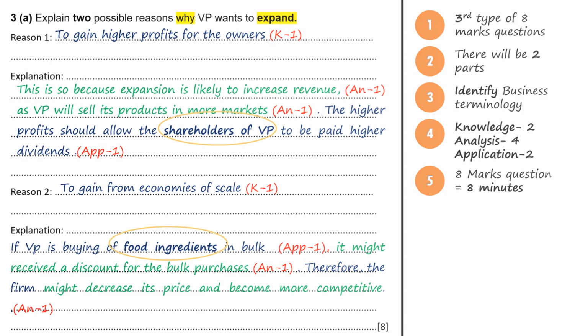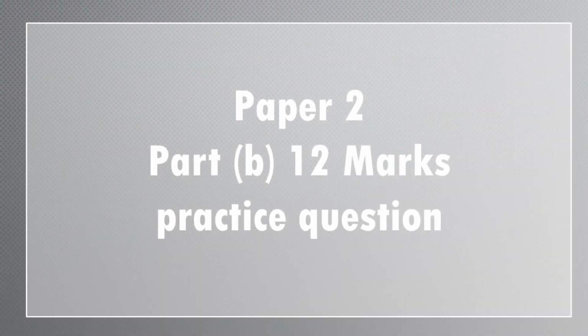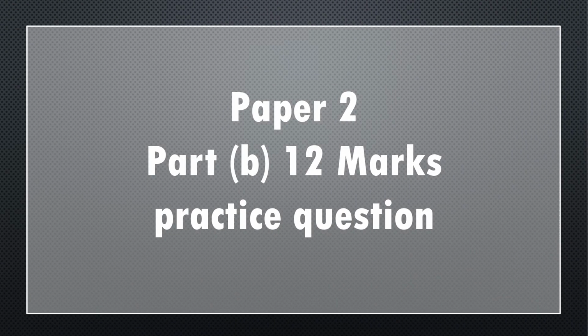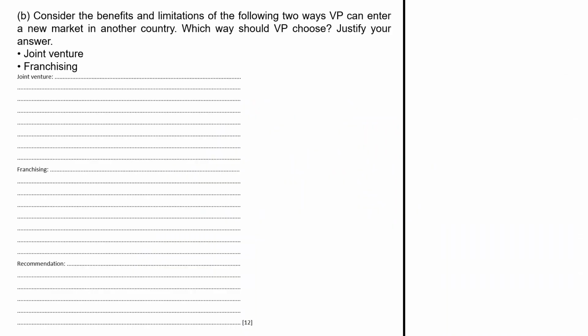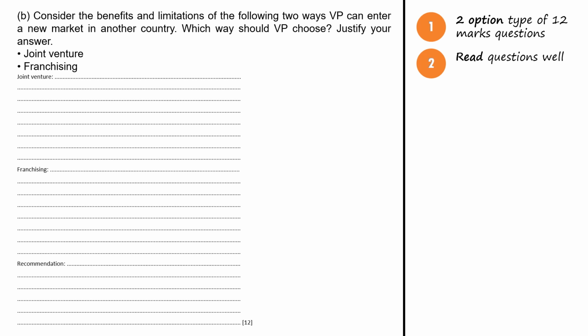12 marks. Okay. Two options type of 12 marks questions. Here we have joint venture and franchising as options. So again, you need to read the question well.